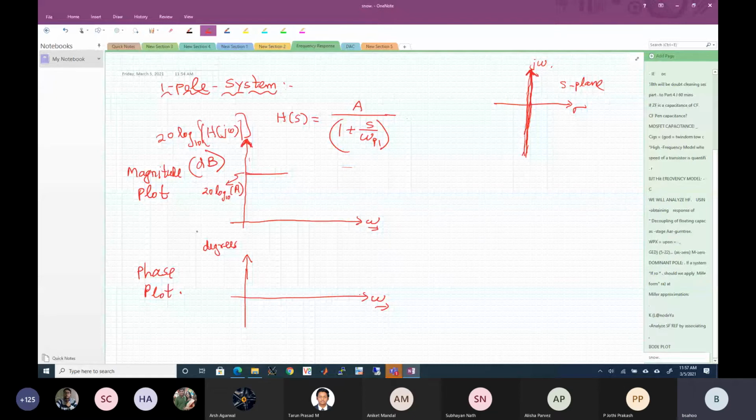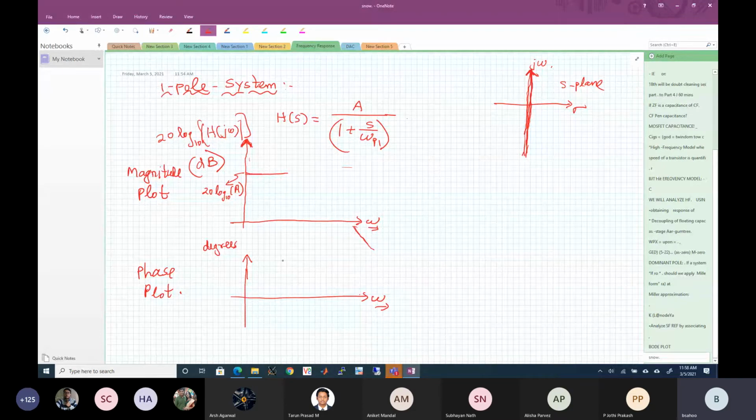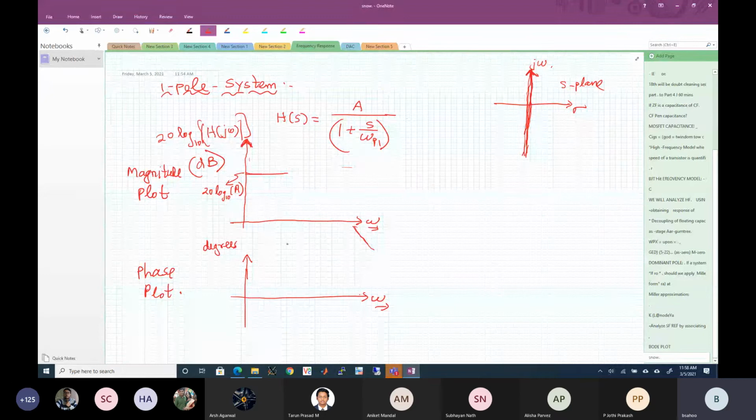And then I put j omega equal to infinity and compute the magnitude. It goes negative, it goes below 0, approaching minus infinity. Correct? Now, what about the phase? When j omega equals 0, what is the phase? Phase is 0 degrees.